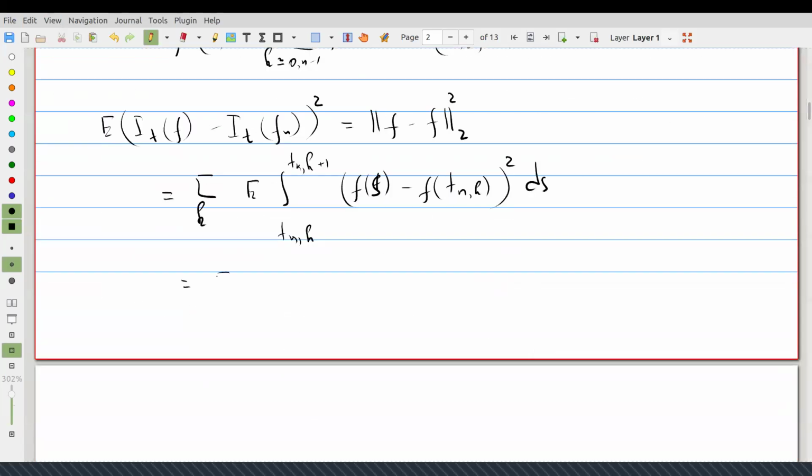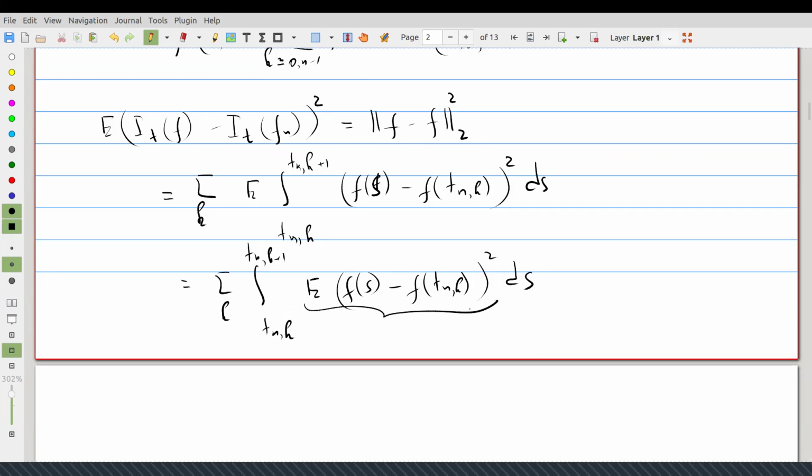I can, by the Fubini theorem, put the expectation inside, as we already did a number of times.